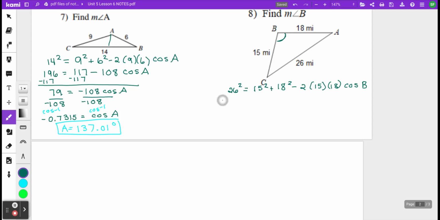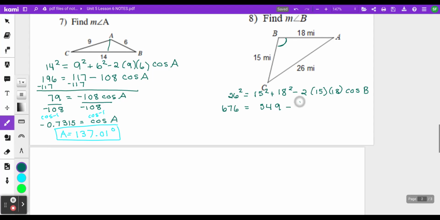So 26 squared is 676. 15 squared plus 18 squared. Oops. Helps if you don't skip a square in there. Get a very different answer. 549 minus 2 times 15 times 18.